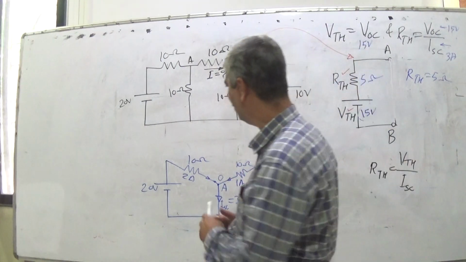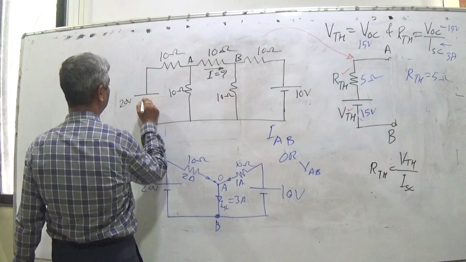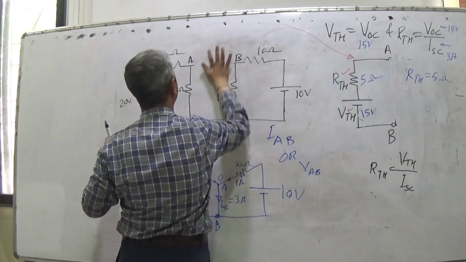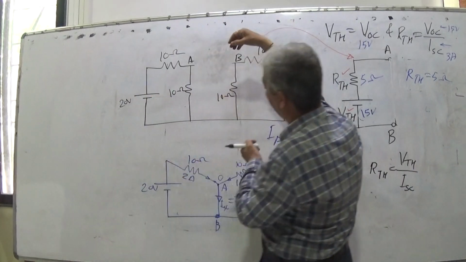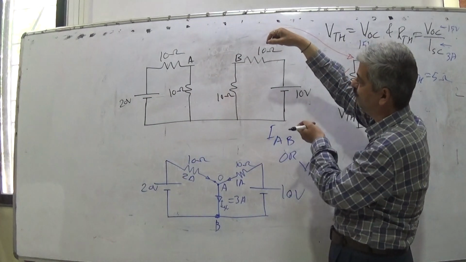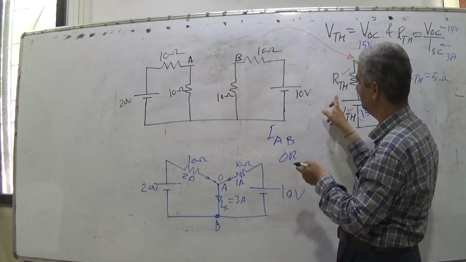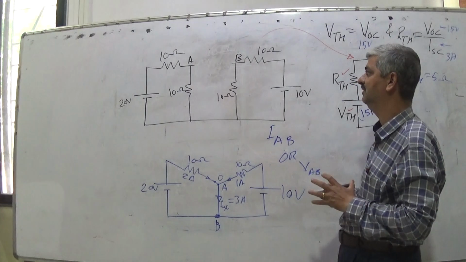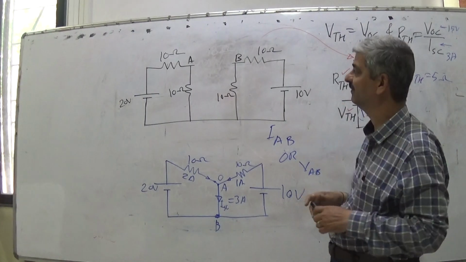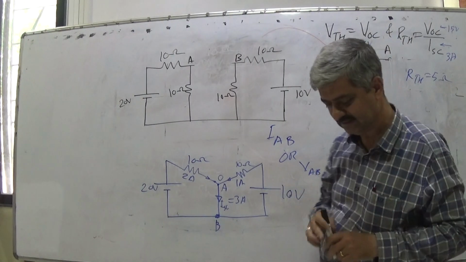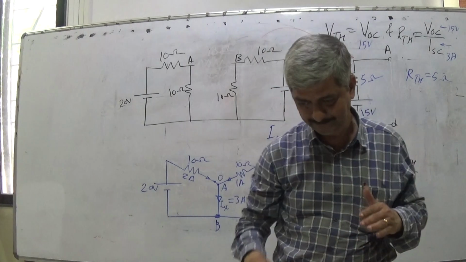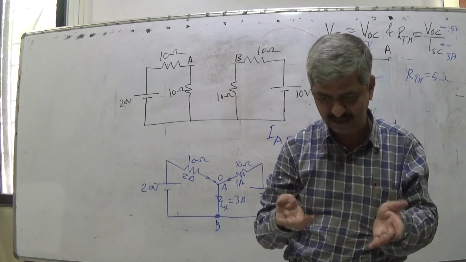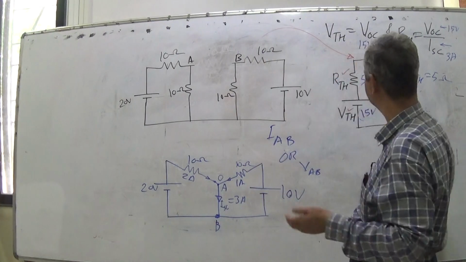And so how to solve using Thevenin's theorem? Disconnect this and try to find equivalent circuit between these 2 points. Try to find equivalent circuit and then try to solve it using the, what we can say, VTH, you find VTH, you find RTH, and then you put that resistance.